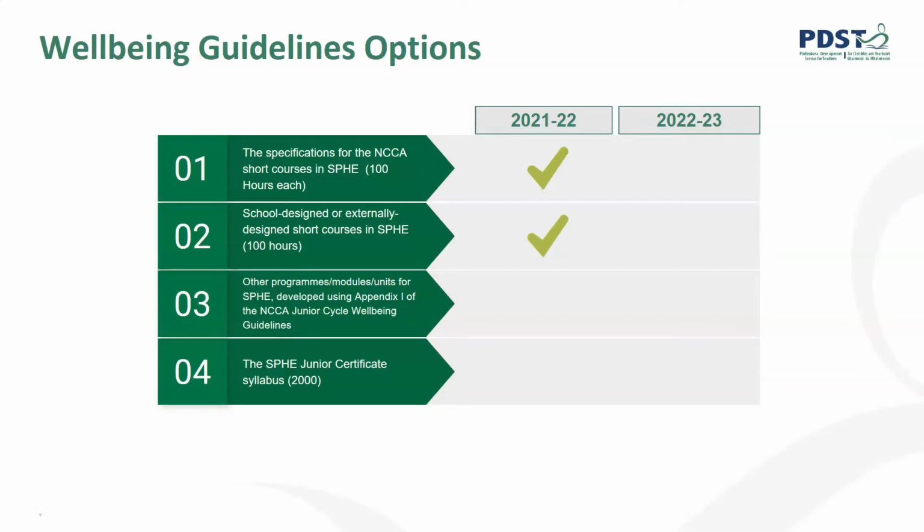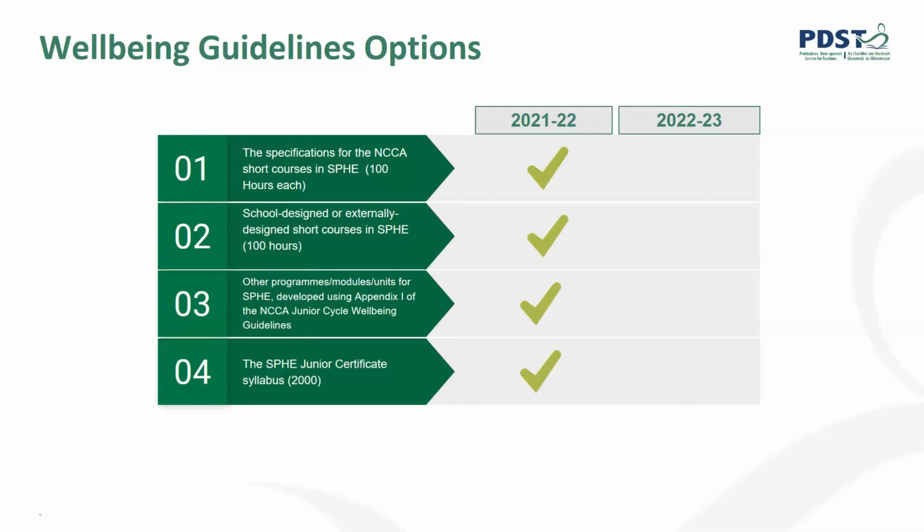Option 2, school designed or externally designed short courses in SPHE, using the NCCA template and guidelines on developing your own short course, which can be found in Appendix 1 of Circular 5921. Option 3, other programmes, modules, units for SPHE developed using Appendix 1 of the NCCA Junior Cycle Wellbeing Guidelines. And Option 4, the SPHE Junior Cycle Syllabus.